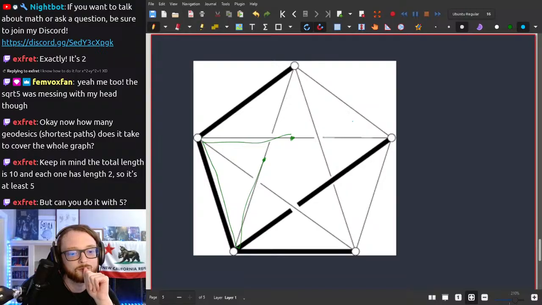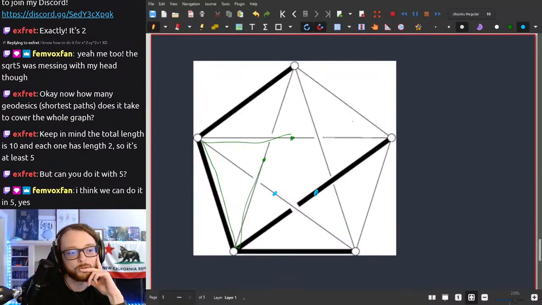Okay, so if I draw the geodesic between these two things, where does that get me? There are multiple choices for the geodesic. I could have gone up from here also.